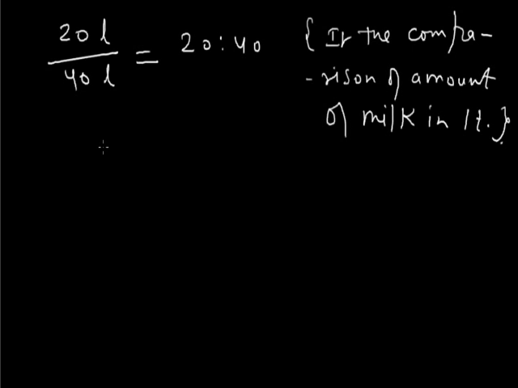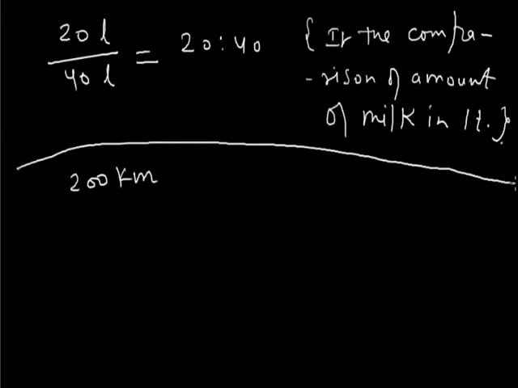It means the quantities being compared should have similar type of units. For example, 200 kilometers can be compared with 20 meters, because both are units of length measurement.